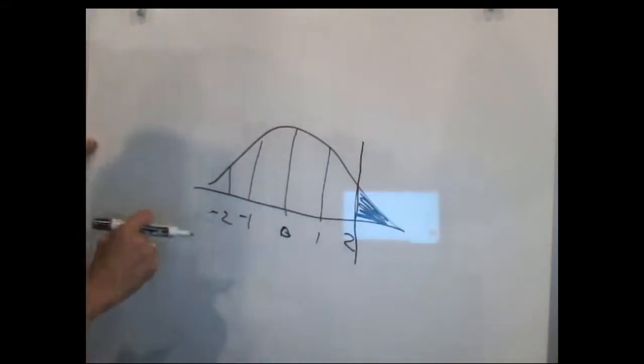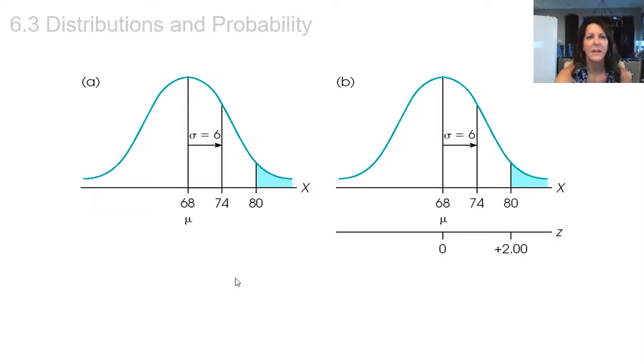Okay, so here it is mapped out. I have the raw scores on the left and the z-scores on the right. And we have that z-score of 2 that we found. And we know that beyond a z-score of 2 is about 2% of the population.